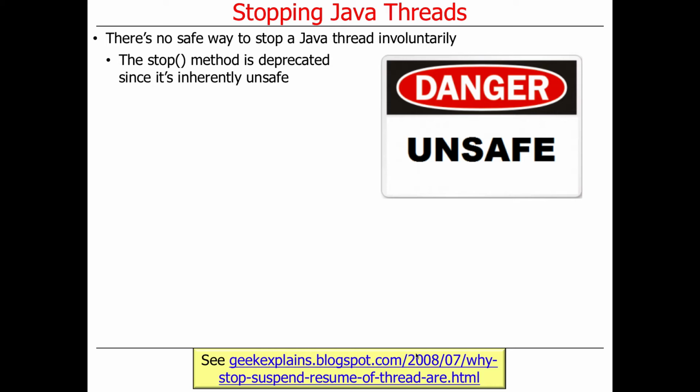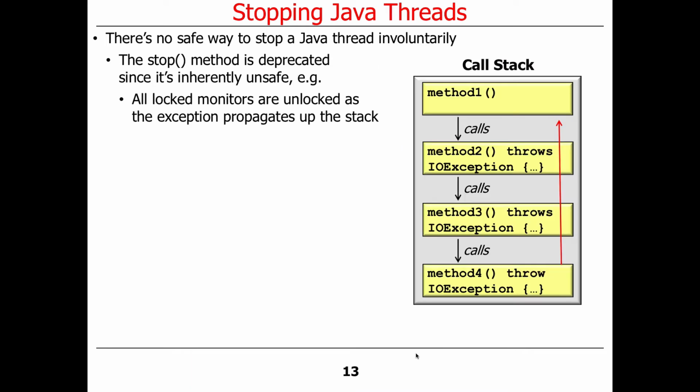If you want to read about why that's the case, take a look at this link. You can't use the stop method in any way, shape, or form that's safe, and that's because when you stop a thread, it could be in the middle of doing something. It could have allocated a bunch of resources, and when you stop it, those resources won't get cleaned up. So that's the reason why you can't stop a thread safely.